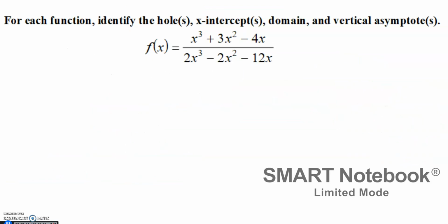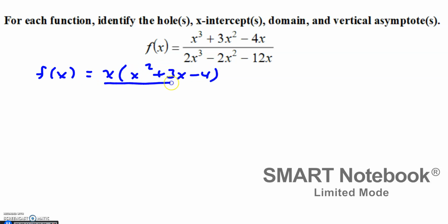The last example. Again, I'm going to factor this to make it more simple. In the numerator, I notice I can take out an x first, left with x squared plus 3x minus 4. In the denominator, I can take out a 2x.